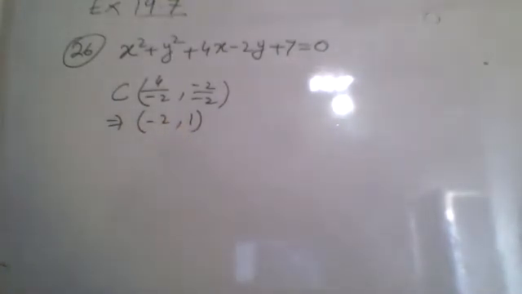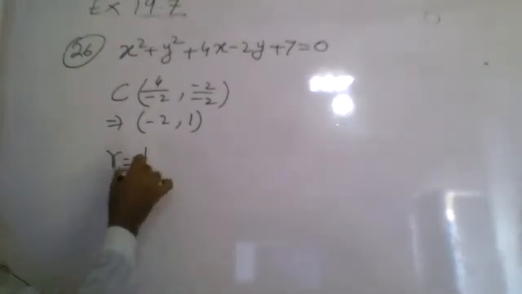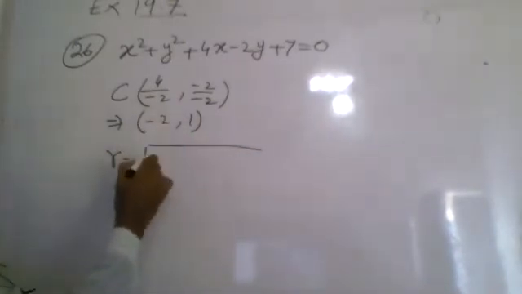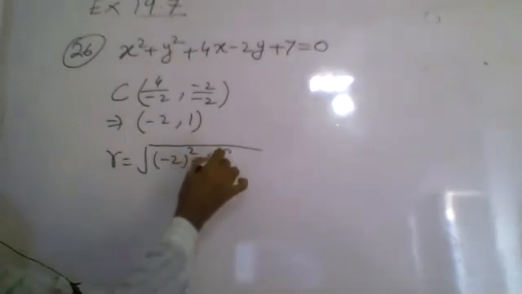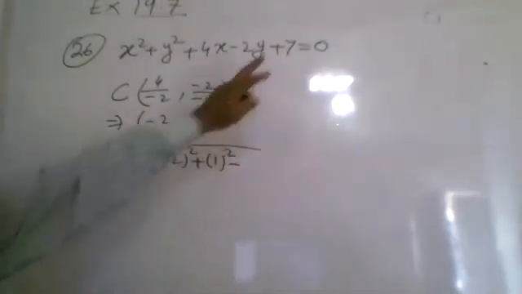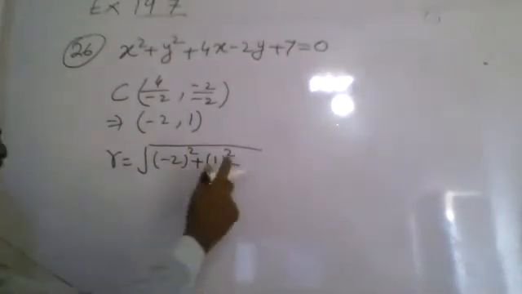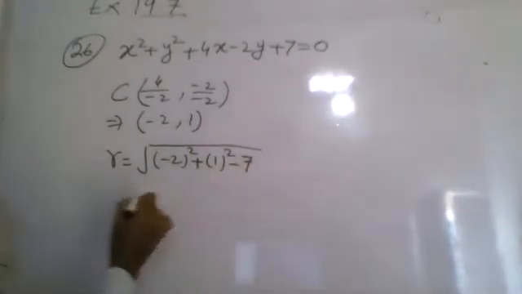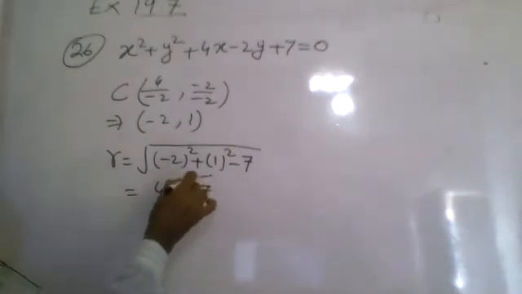So these are the centers. Now radius: under root minus 2 square plus 1 square minus c. C is plus 7, so minus 7. It will become 4 plus 1 minus 7.